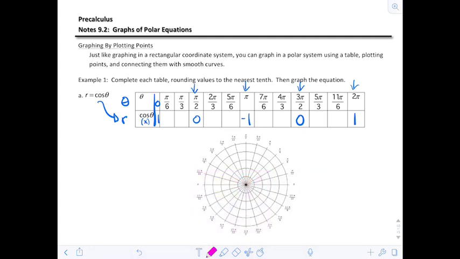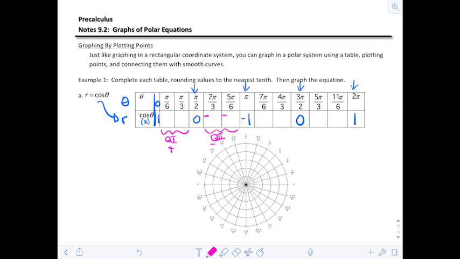Next, let's look at the quadrants, because as we know, as you go around the unit circle, the signs of cosine, sine, and tangent all change. So pi over 6 and pi over 3 are in quadrant 1, and cosine is going to be positive there. When I go to 2 pi over 3 and 5 pi over 6, I'm in quadrant 2, and those are going to be negative. So I'm going to go ahead and put negative signs in there.